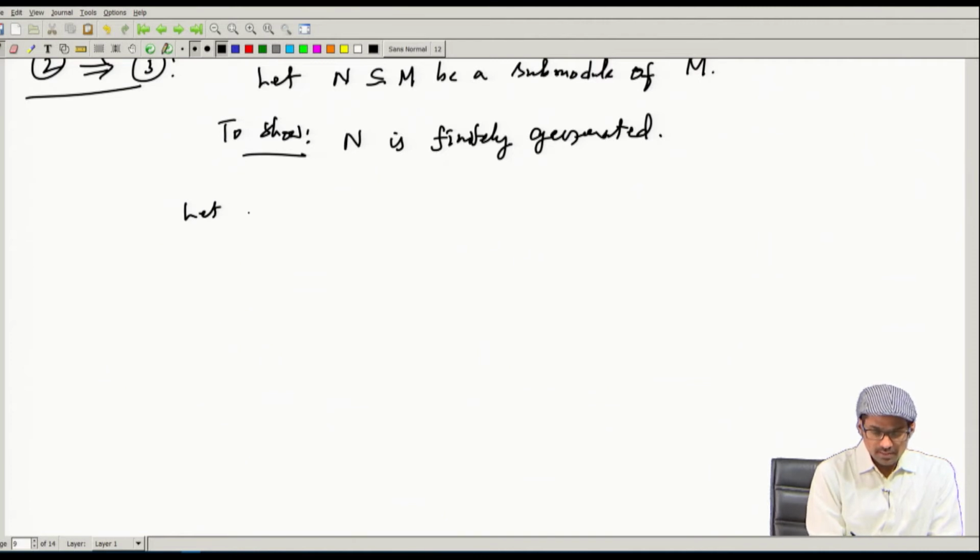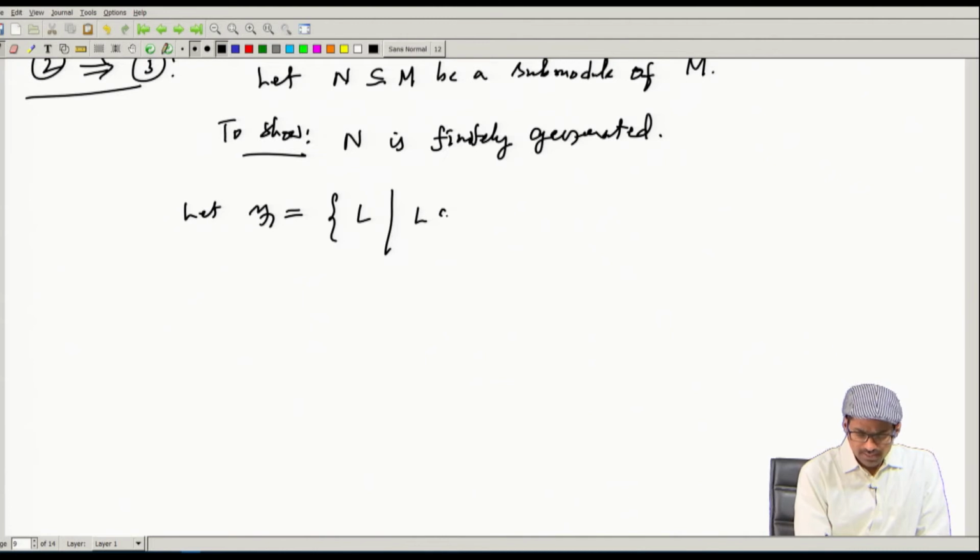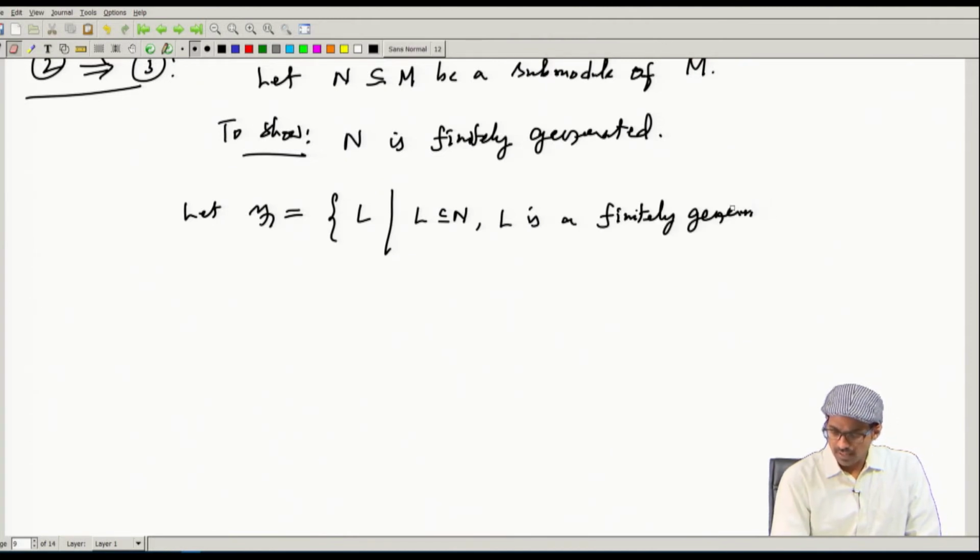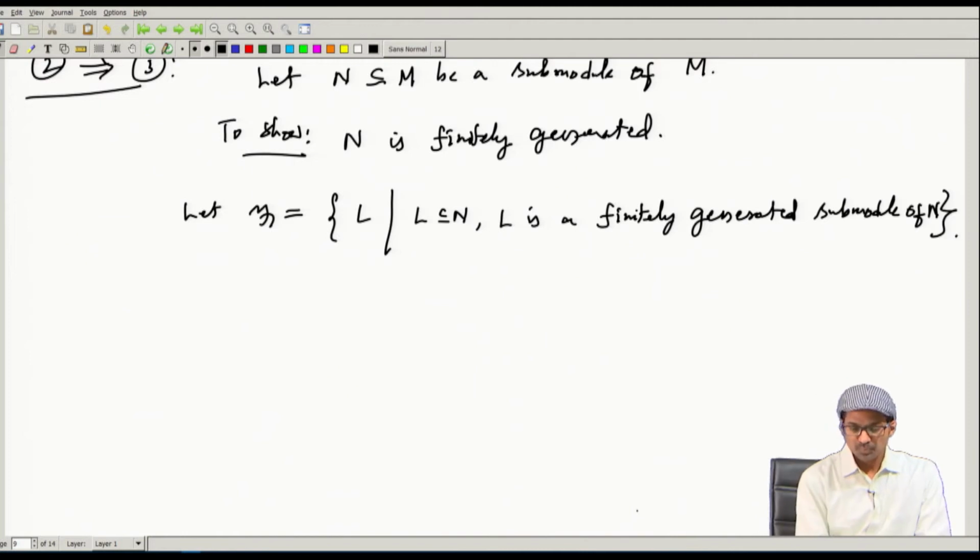Let F be the set of all L such that L is contained in N and L is a finitely generated submodule of N.